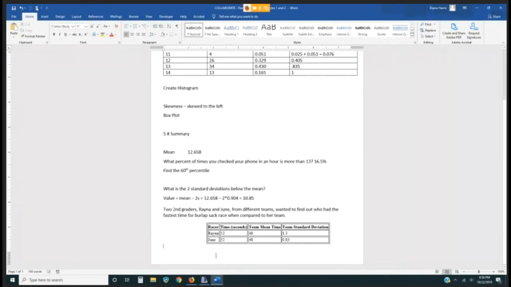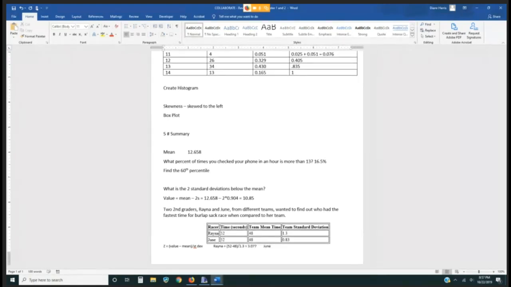So in order to do this, we want to first calculate the z-score, which is the value minus the mean divided by the standard deviation. Okay, so for Raina, it's going to be 52 minus 48 divided by 1.3, which I already did this calculation, 3.077.